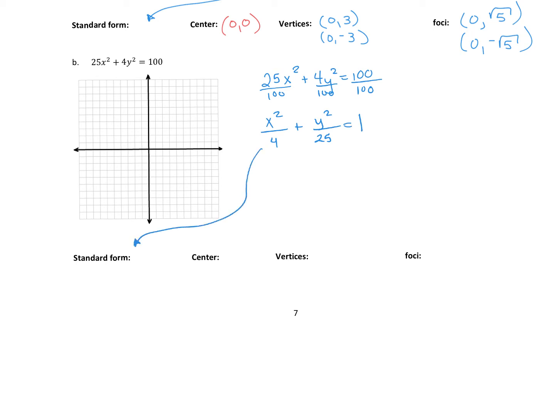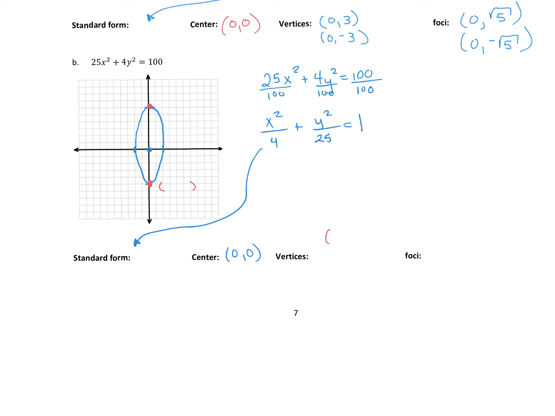Our center, because I don't have x minus anything or y minus anything, is 0, 0. In the x direction, I will go 2. In the y direction, I will go 5. And then I will sketch my ellipse.